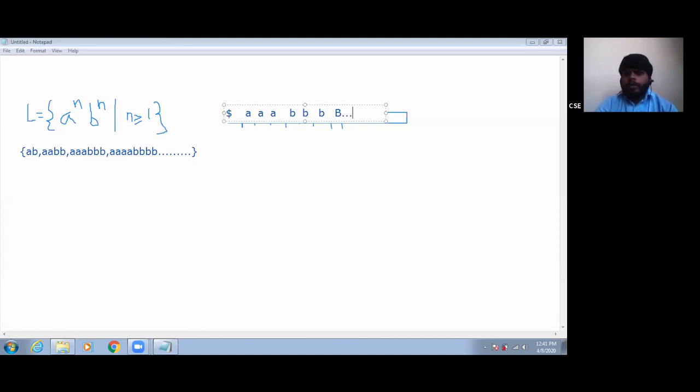So it is having all blanks. This is where we have A and triple B. See, my logic is very clear. My logic is very important here.